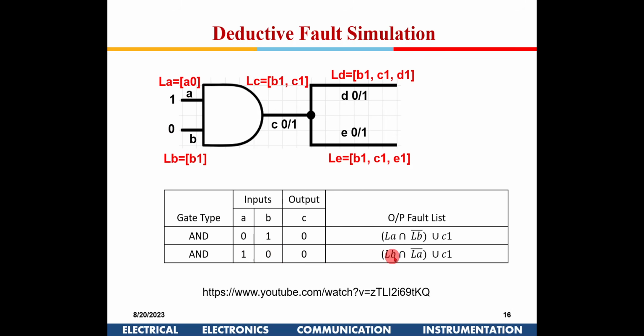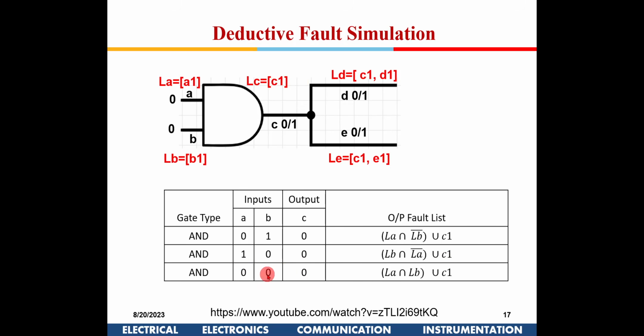So for 1, 0, this gets changed to LB, and this fault should not be there, so I write LA bar. The definition of LA here and here are different, so that needs to be kept in mind.